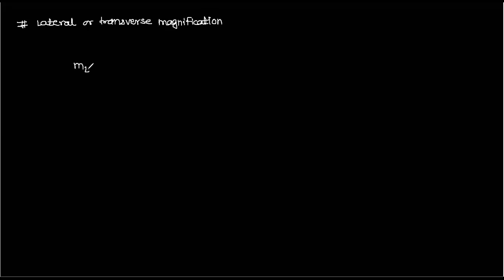That is mT is equal to, what is our formula? You know, hi by h naught. In this case, you are getting mT is equal to mu1 by mu2 into v by u. This is your lateral or transverse magnification.